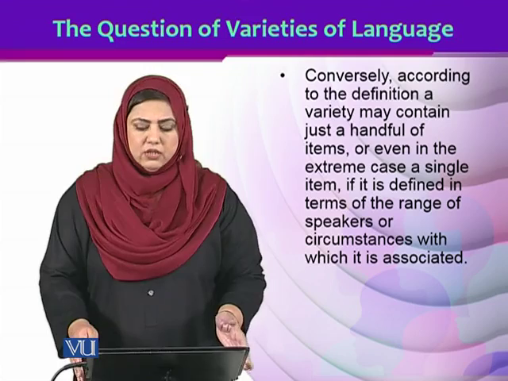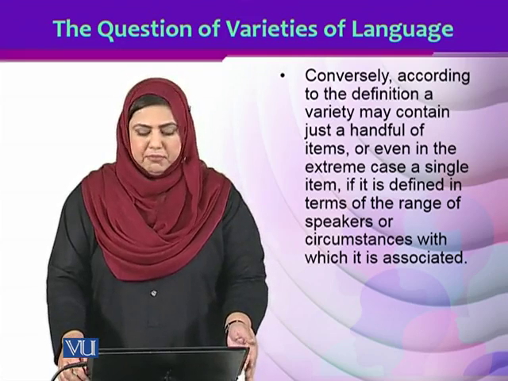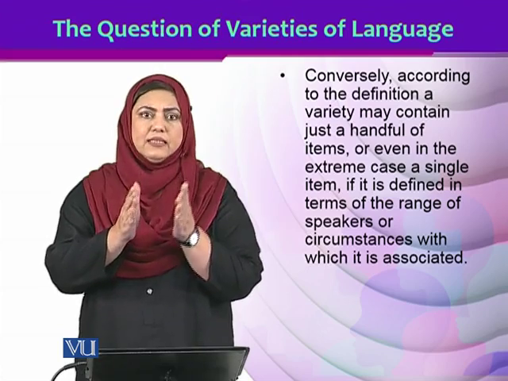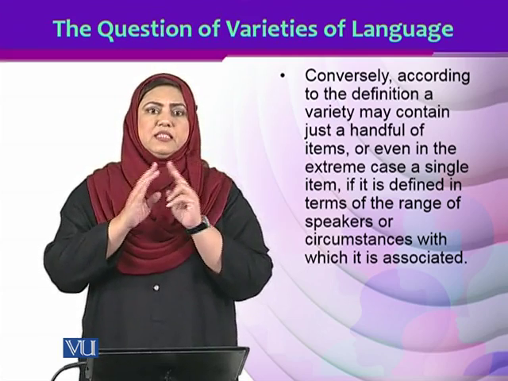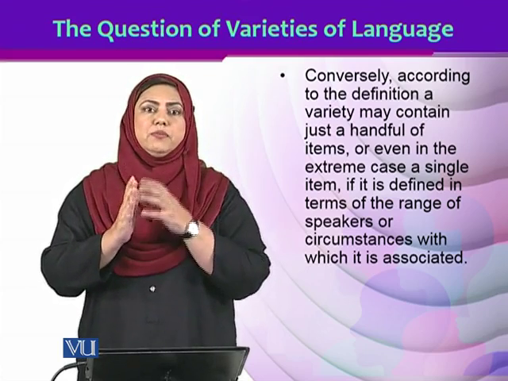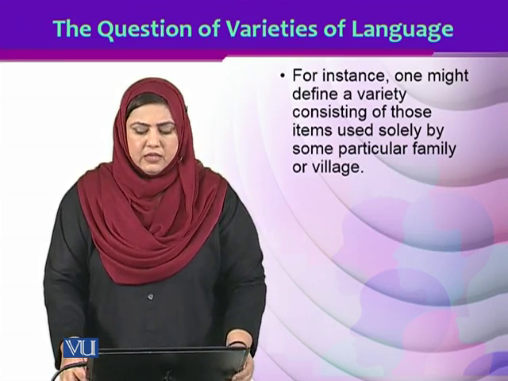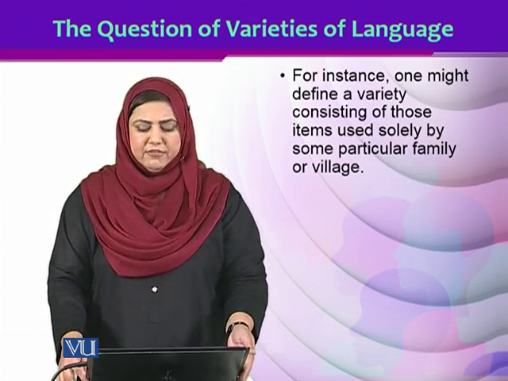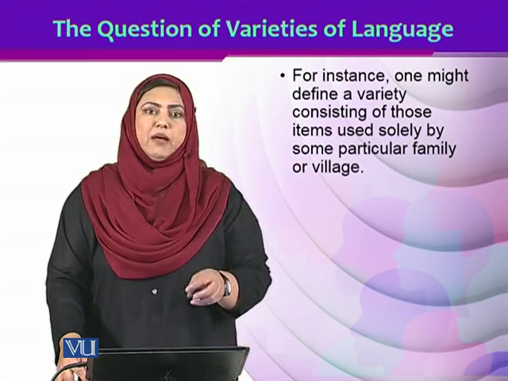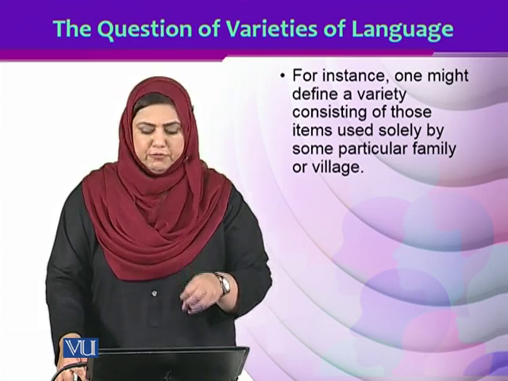On the other hand, what we can say is, according to the definition, a variety may contain just a handful of items. So, for example, if there is language A and there is what we call language B, the difference in these two varieties may be of just a few linguistic items, which make variety B different from variety A. So, for example, one might define a variety consisting of those items used solely by a particular family or by a particular group of people of a particular village, for example.